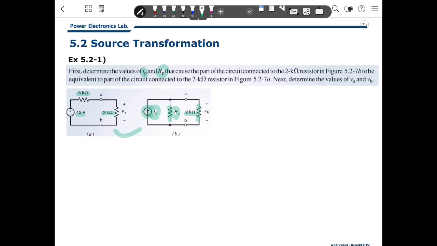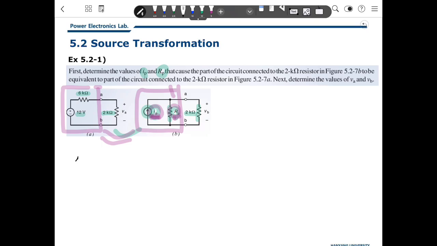This is a source and this is another source. The problem is to make the same performance, the same characteristic, so how to design IP and RP.